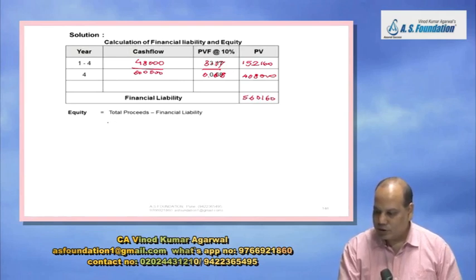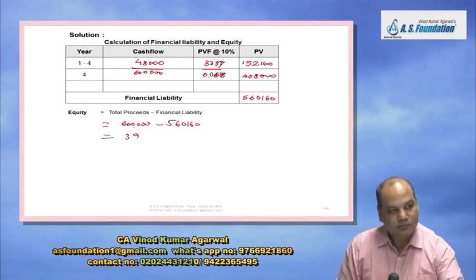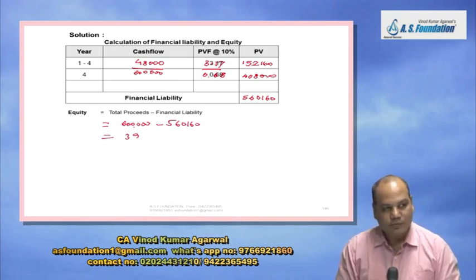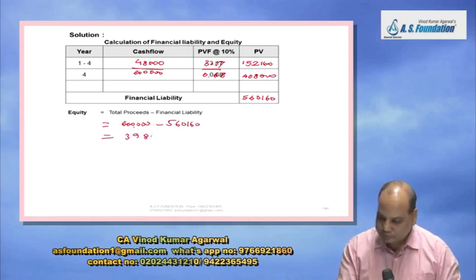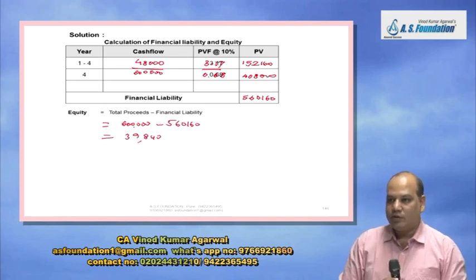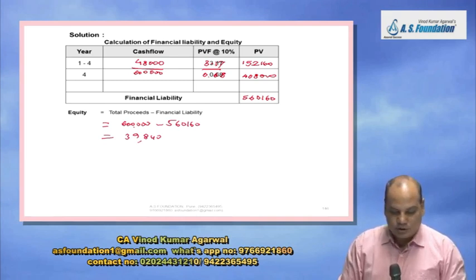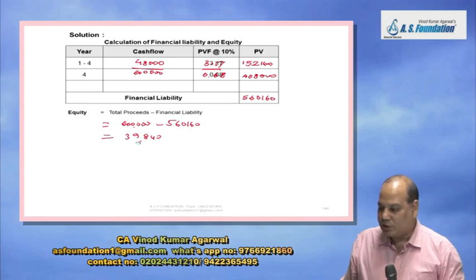So what will be the equity now? 6 lakh minus 5 lakh 60,000, 160 approximately, 39,840. And then what is the entry you'll pass at the beginning?